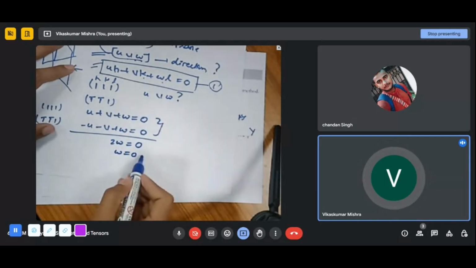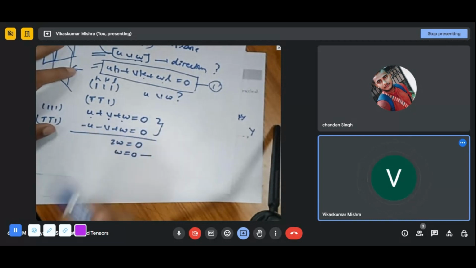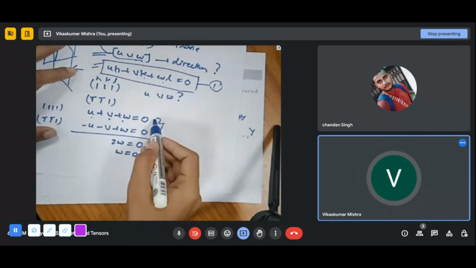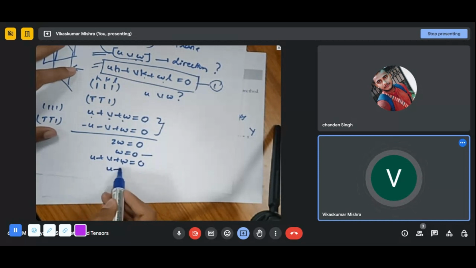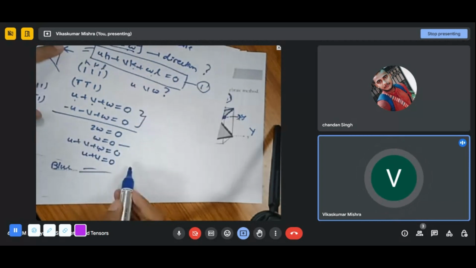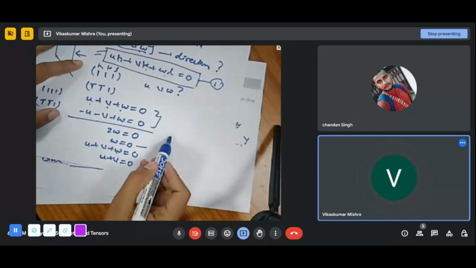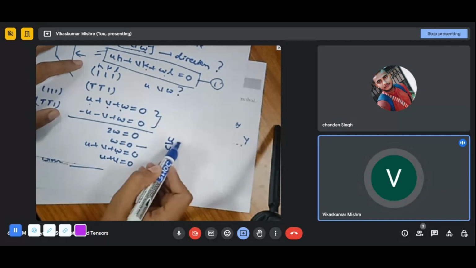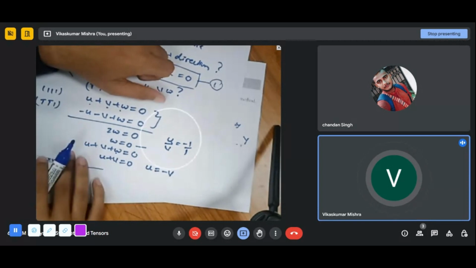Let's apply W equal to 0 to any one of them, say U plus V plus W equal to 0. Since W is 0, U plus V will also be equal to 0, right? So U will be nothing but minus V, so U over V will be equal to minus 1 over 1.